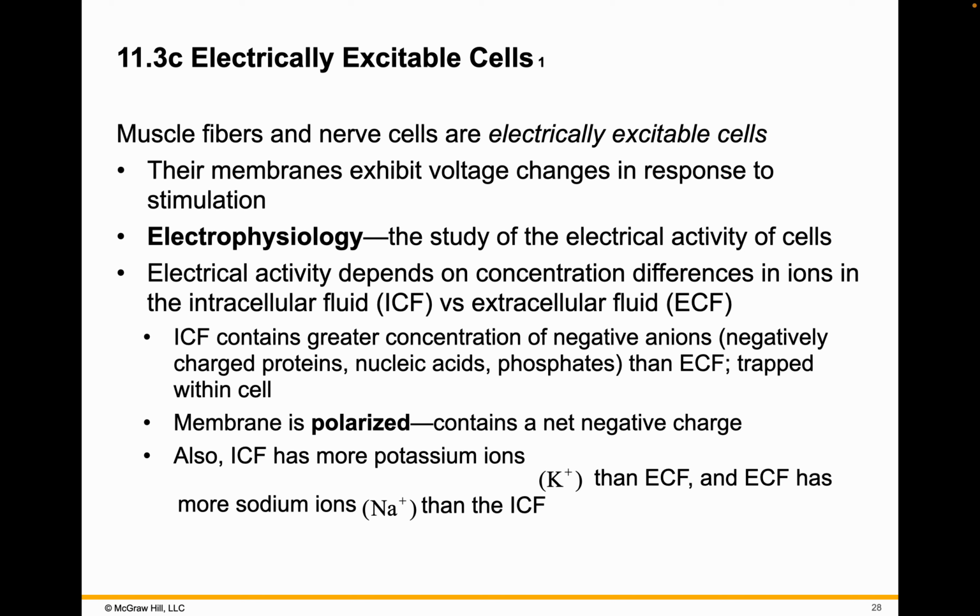Intracellular fluid has a greater concentration of negative ions. Negatively charged proteins account for most of them, in addition to nucleic acids and phosphates. The extracellular fluid has more positive ions, such as sodium. So in a resting state, that membrane is polarized. The inside has a net negative charge.